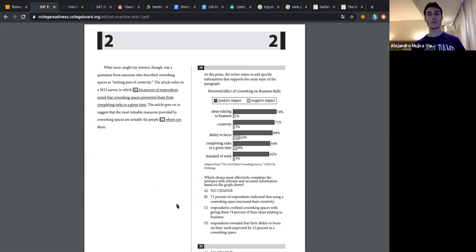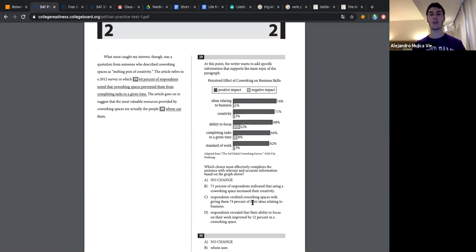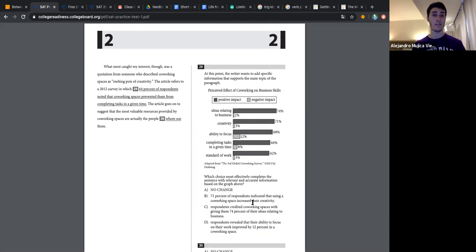Let's move on to number 29. What most caught my interest, though, was melting pots of creativity. The article refers to a 2012 survey in which 64% of respondents noted that co-working spaces prevented them from completing tasks in a given time. Here, the question is asking about graph information. We need to make sure the information is accurate with what we see on the graph.